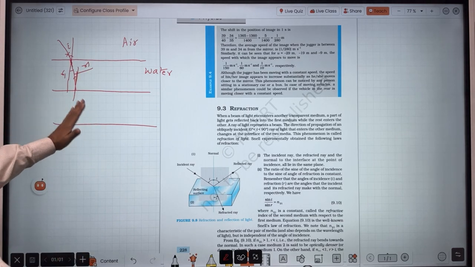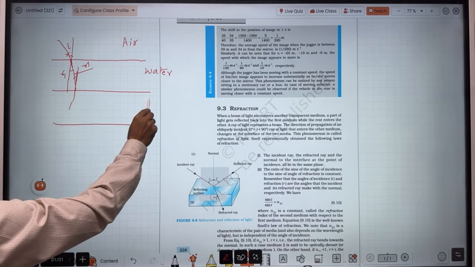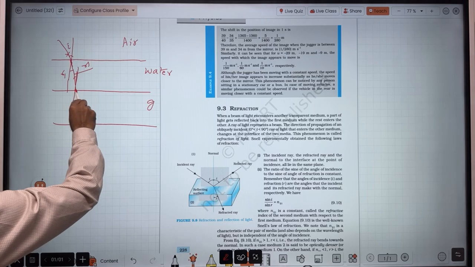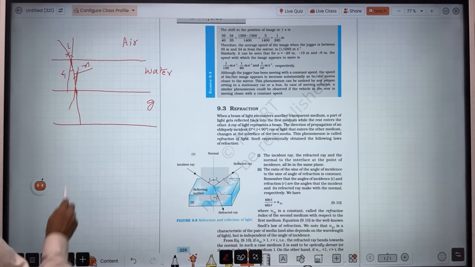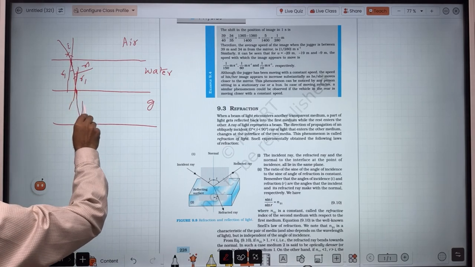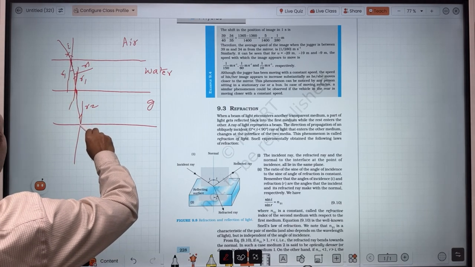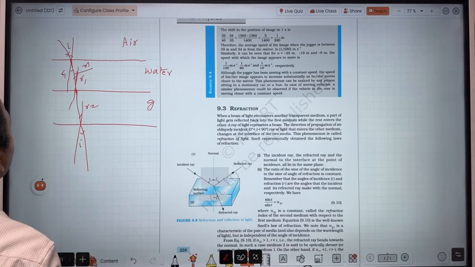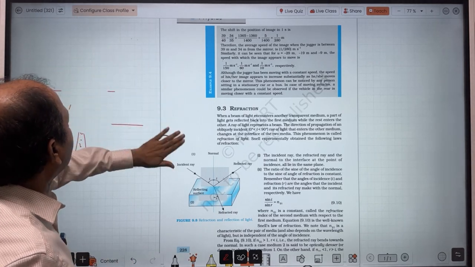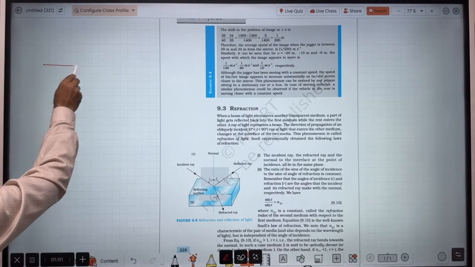Then another medium, say glass. Further there will be refraction and the ray will be like this, and this is R2, right? And then the final angle will again be I. If it is not clear, let's draw it clearly so that it becomes very clear.